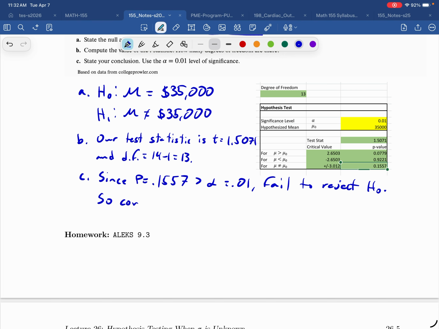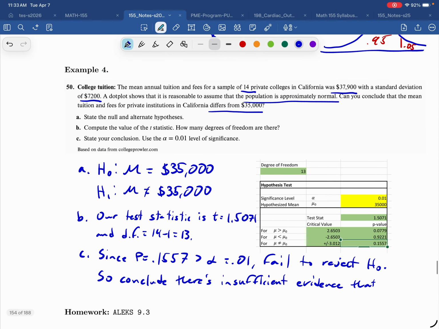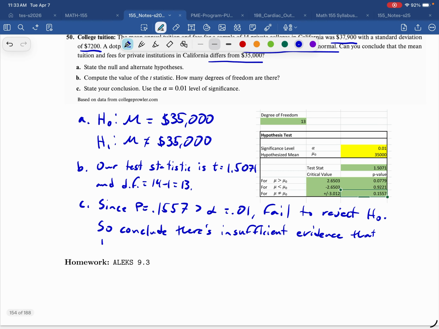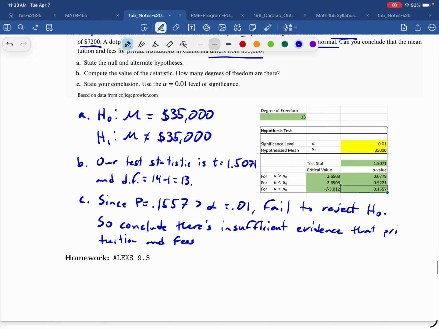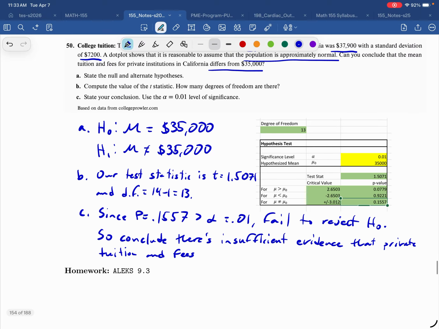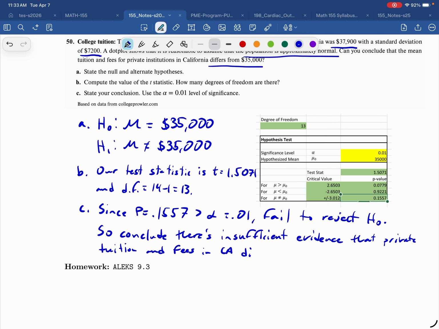So we conclude there's insufficient evidence that private tuition and fees in CA differs from $35,000. And that's all.